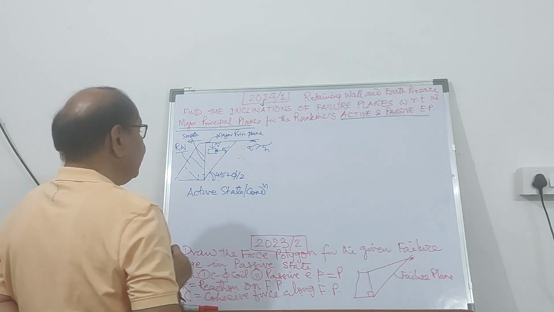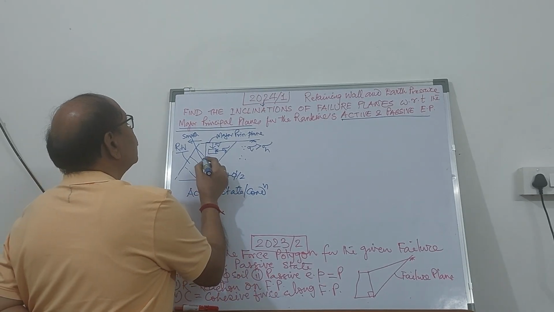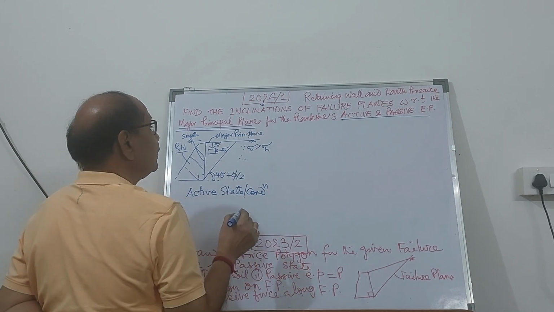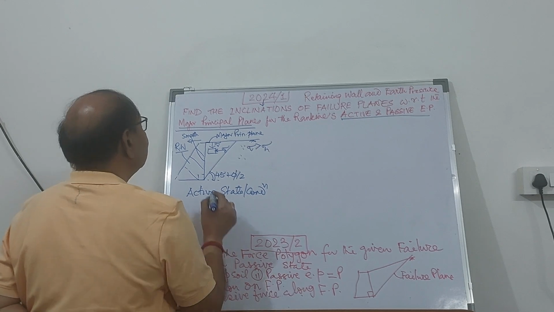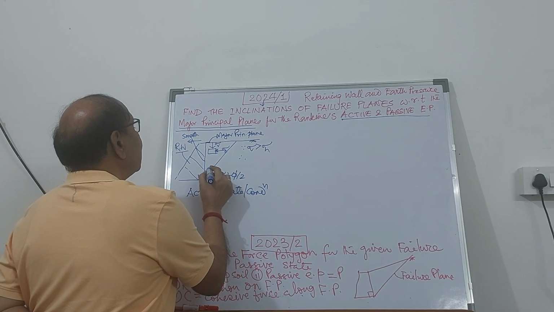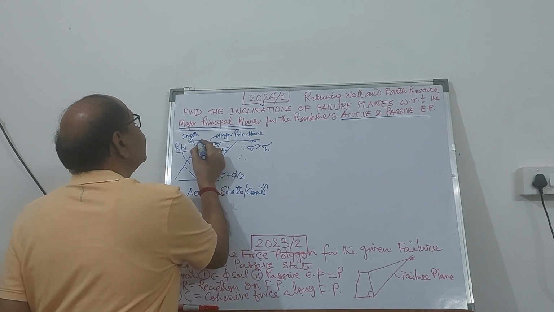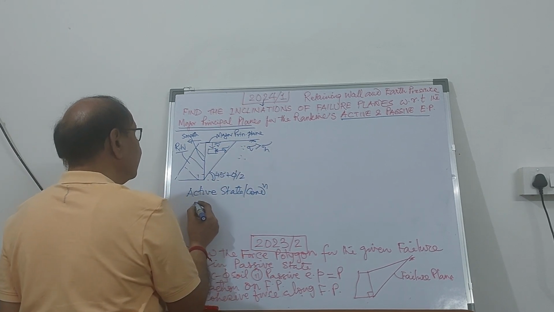With respect to the major principal plane, what is the inclination of the failure plane? The failure plane with the horizontal is 45 plus phi by 2.